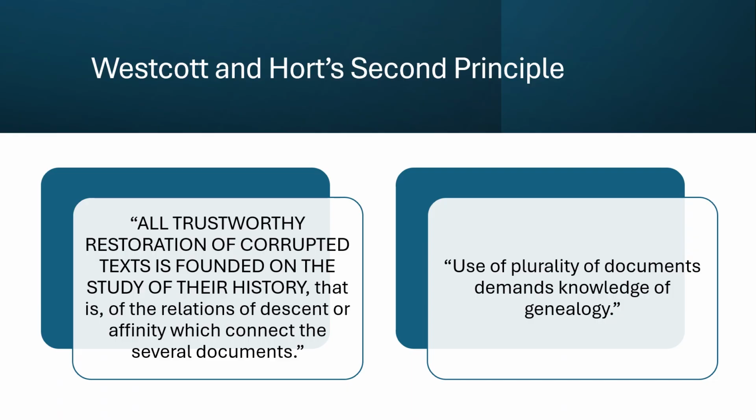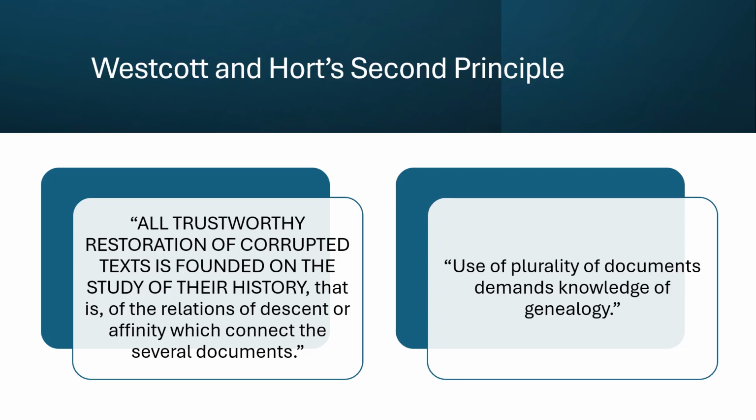Our next question is, which reading best explains the origin of other readings? Westcott and Hort's famous second principle is, all trustworthy restoration of corrupted texts is founded on the study of their history, that is, of the relations of descent or affinity which connect the several documents.